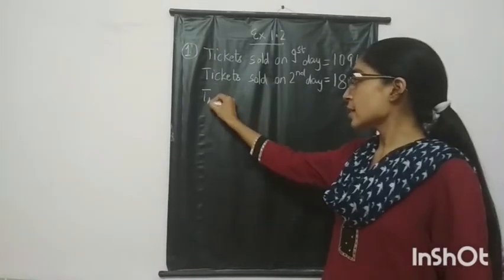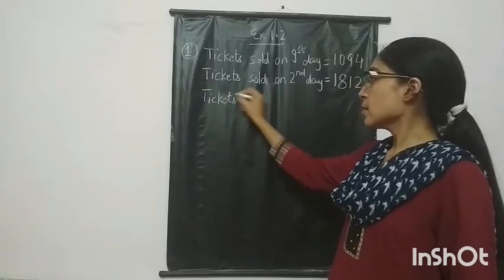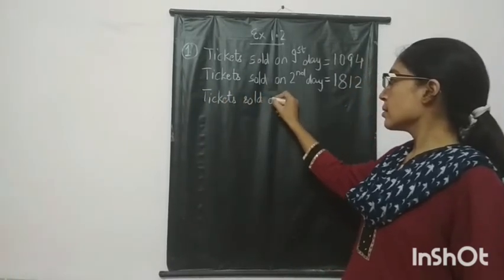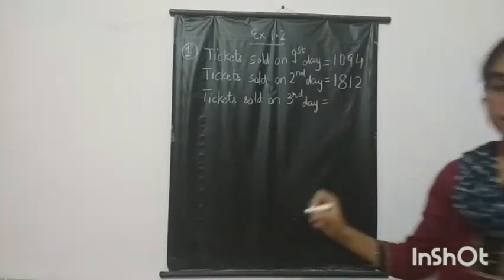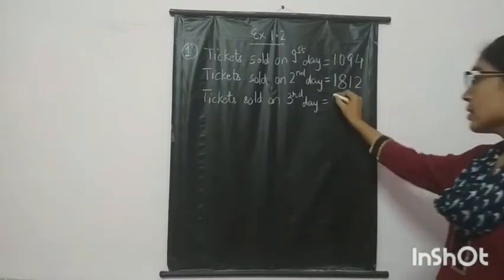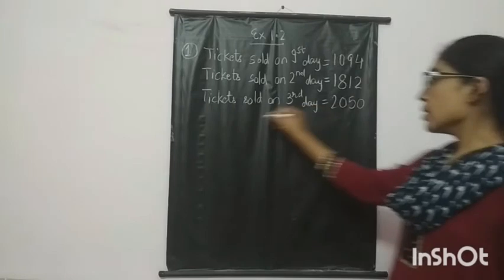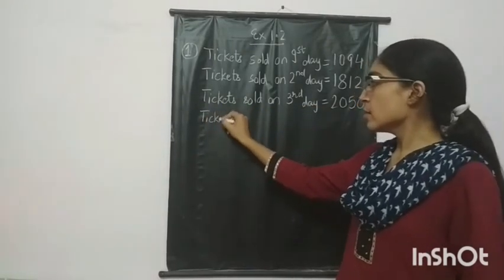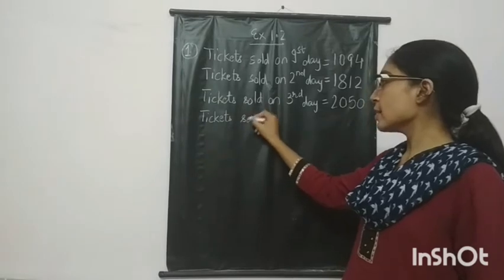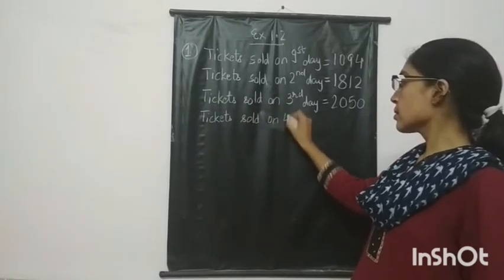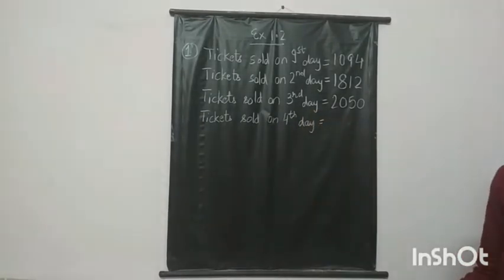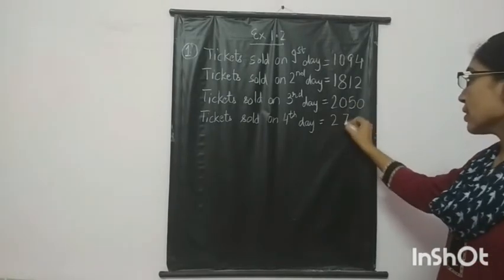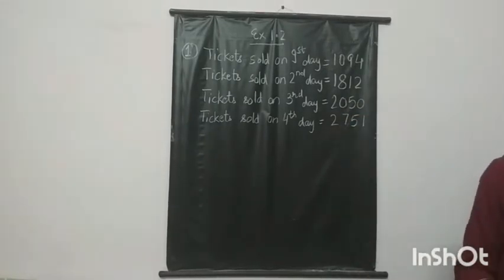The next is tickets sold on third day. It's 2050. Last, tickets sold on final day. Final day is fourth day. That is 2751. Now they asked, find the total number of tickets sold on all the 4 days.